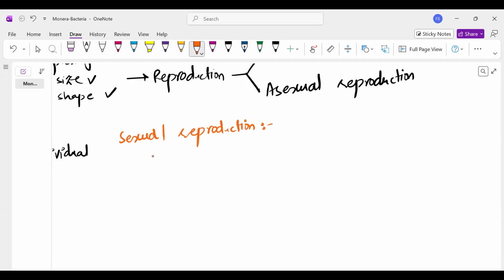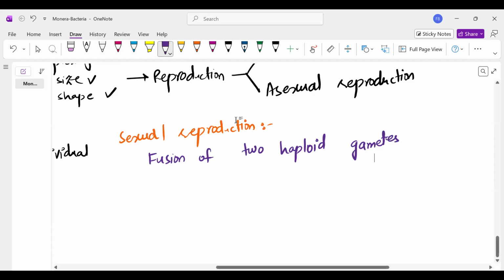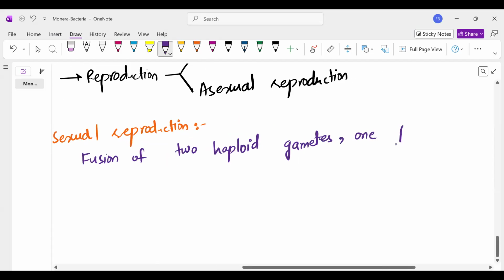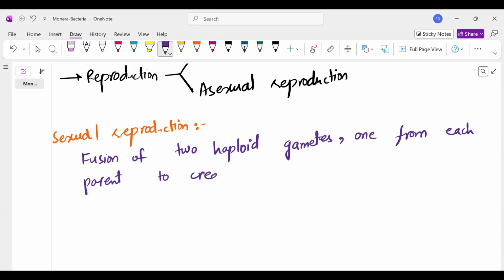Sexual reproduction is basically known as fusion of two haploid gametes, one from each parent, to create a diploid organism. Clear?